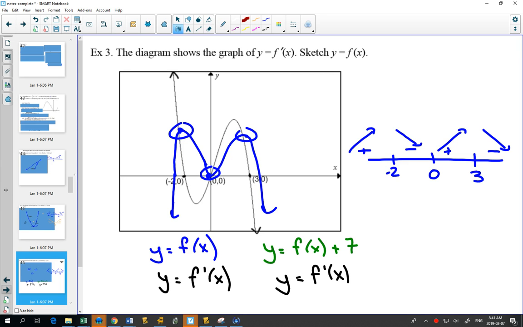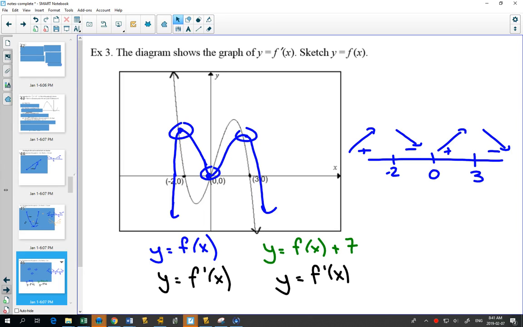So we can't be very accurate with our original graph because we don't know how much it's gone up or down. But for these kind of questions, usually they're matching questions on an exam or idea questions to ask you what's going to happen at -2. You know based on the black graph that at -2 there has to be a maximum because your derivative graph goes from positive to negative.